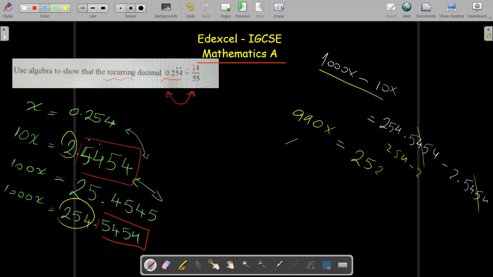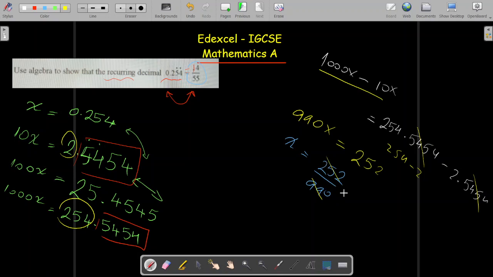x is now going to be equal to 252 over 990. Now you try to simplify this fraction to reach 14 over 55, by using 2 as a common factor, or 3, whatever it is. Since you have even values here, you can start with 2.